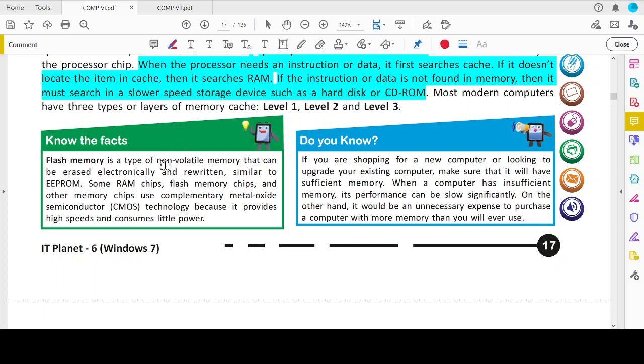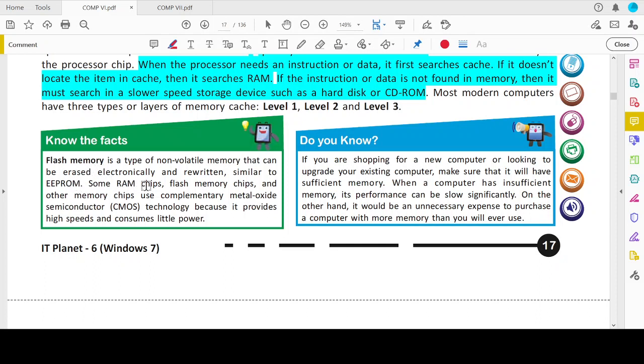So it is non-volatile, which keeps data even after the power is turned off, and it can be erased electronically and rewritten. Like you can electronically erase the data on the ROM chip, you can also erase the program on the flash memory.